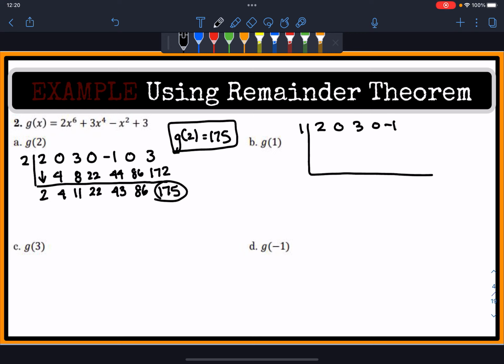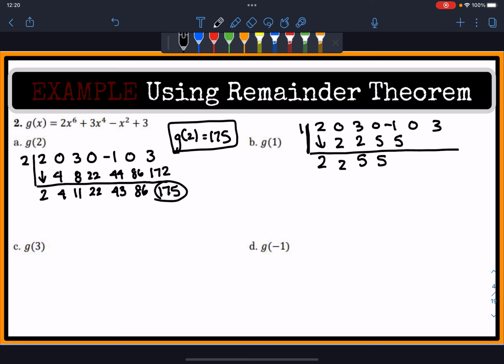So let's check your answer now for the second one, for B. So 2, 2, 5, 5, 4, 4, and 7.